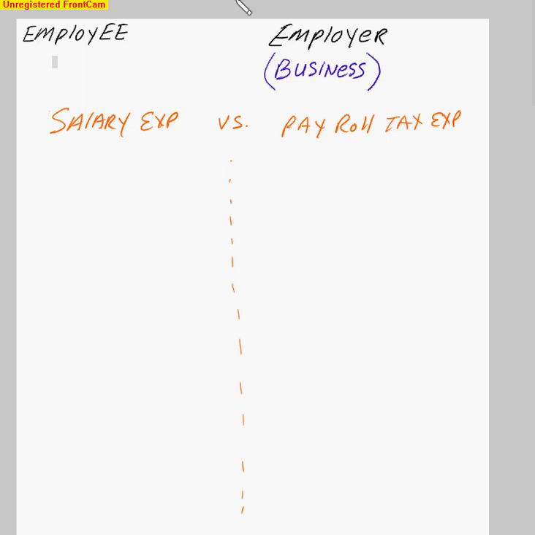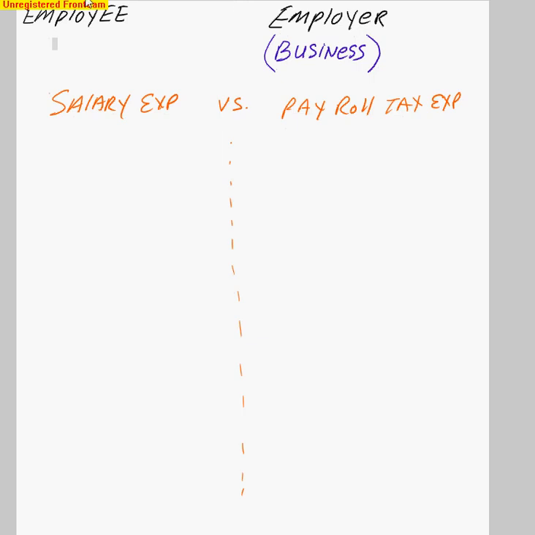So for instance, we do know the salary expense. The salary expense equals the total gross earnings of all the employees, right? Total gross. And we know what they are.